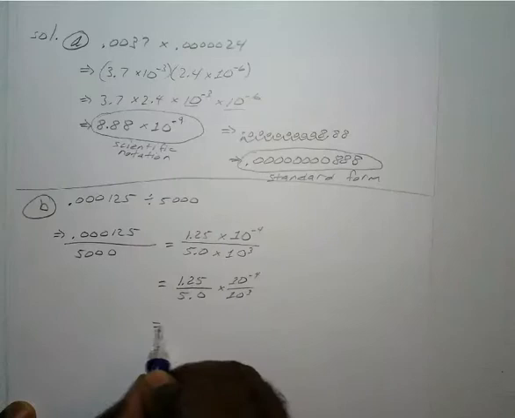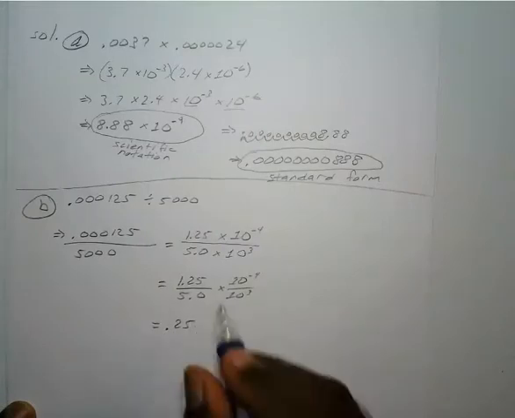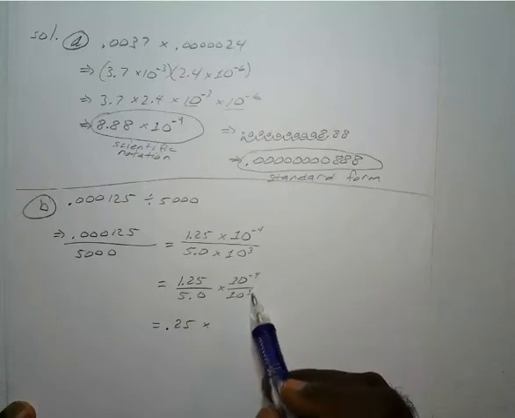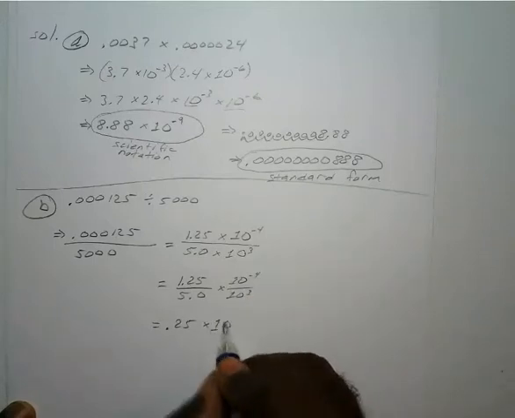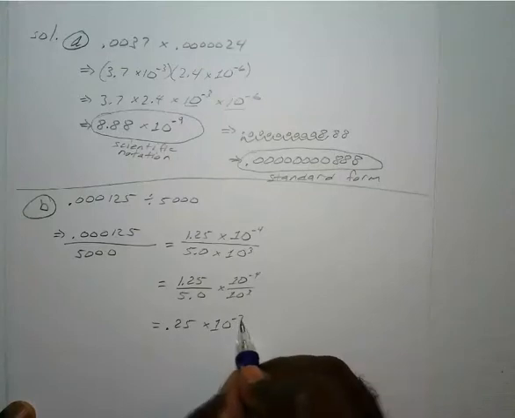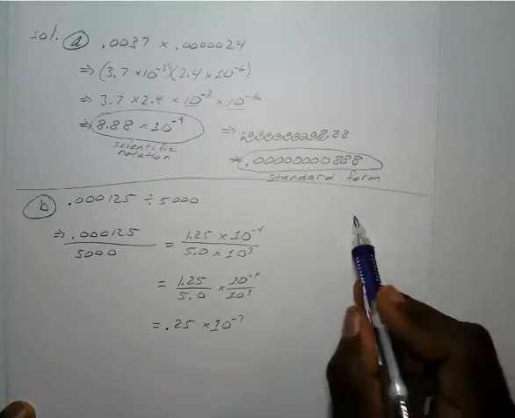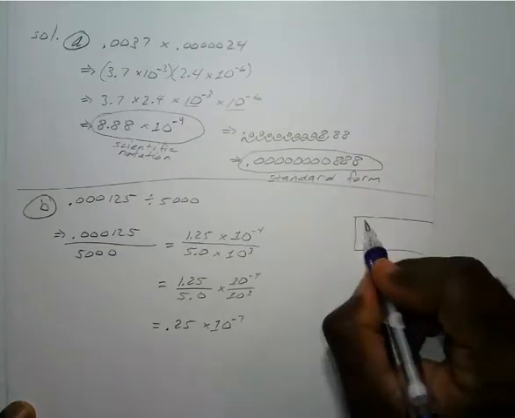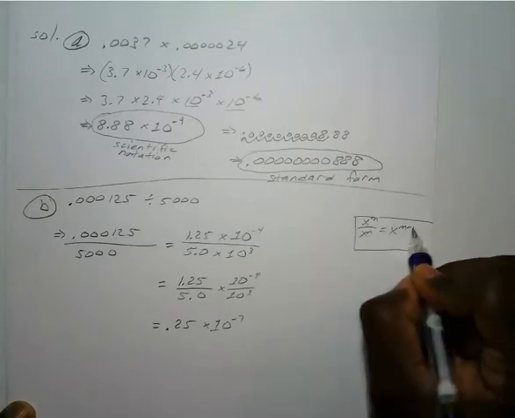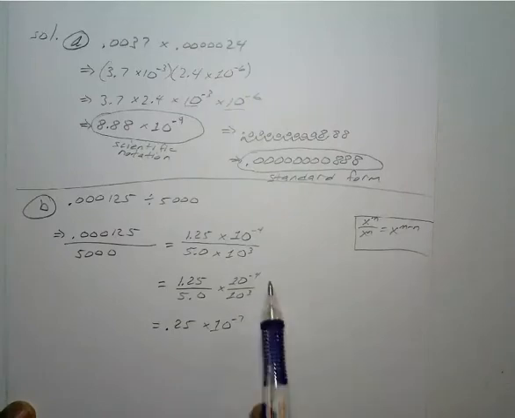So you have 0.25 times 10 to the negative 4 divided by 10 to the 3rd power, which is 10 to the negative 4 minus 3. So that gives you 10 to the negative 7. Because remember, x to the m over x to the n equals x to the m minus n. So negative 4 minus 3 is negative 7.